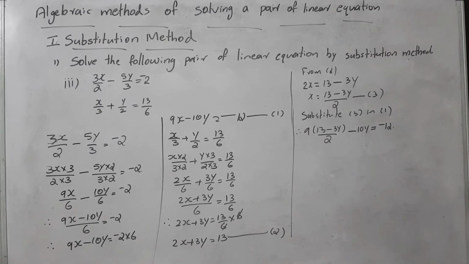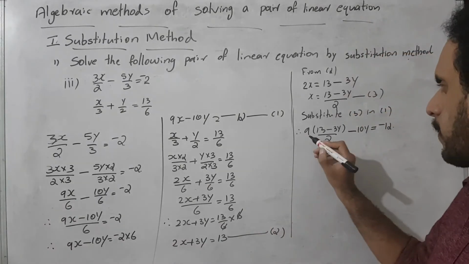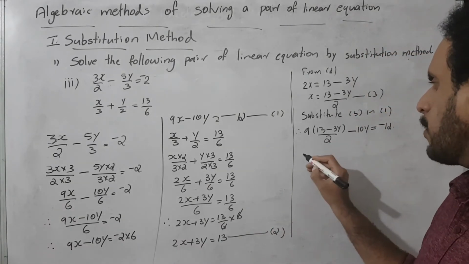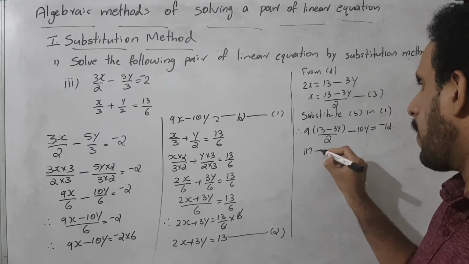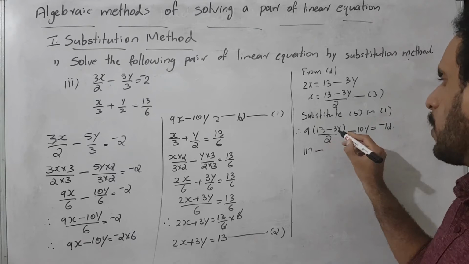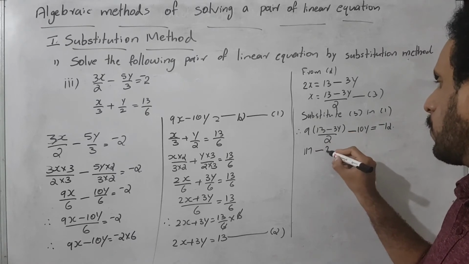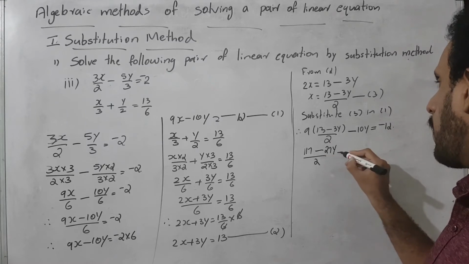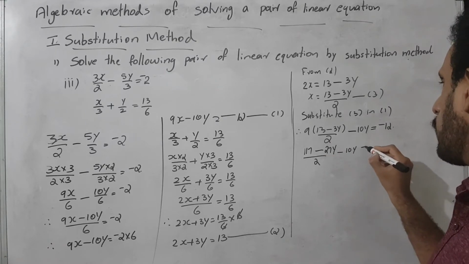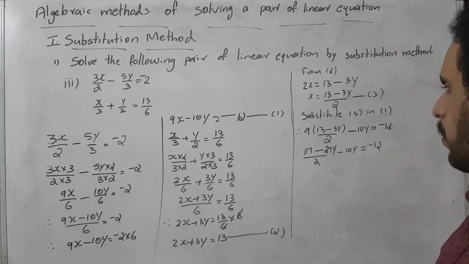Okay. The next, expand the bracket. 9 into 13 is 117 minus 9 into 3y is 27y by 2 minus 10y is equal to minus 12.